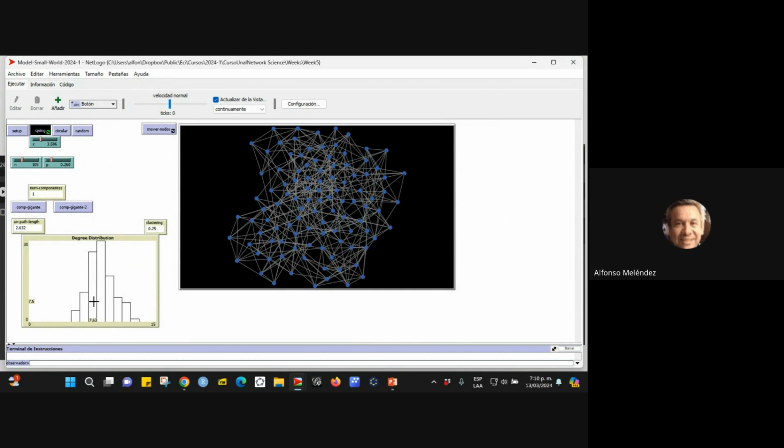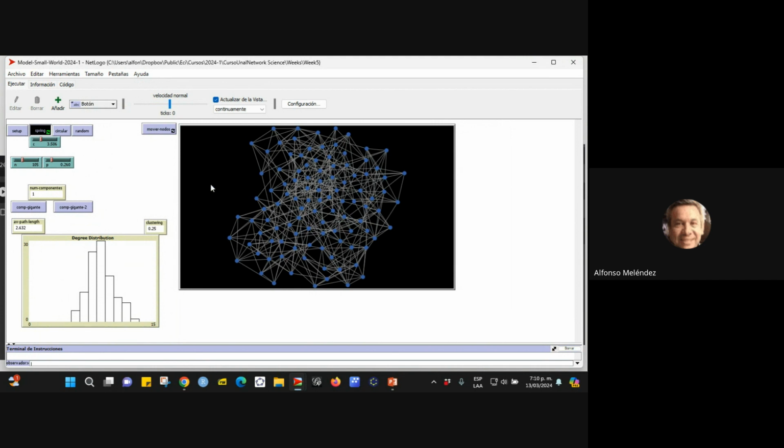It's like a normal distribution, but it's between random and small world. The degree distribution of a small world is less wide, because, okay.